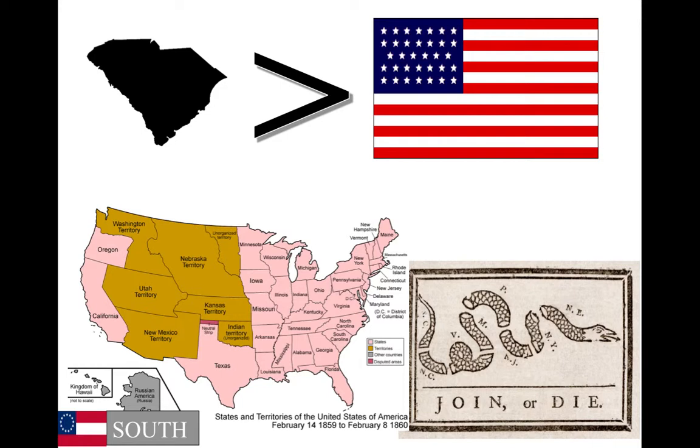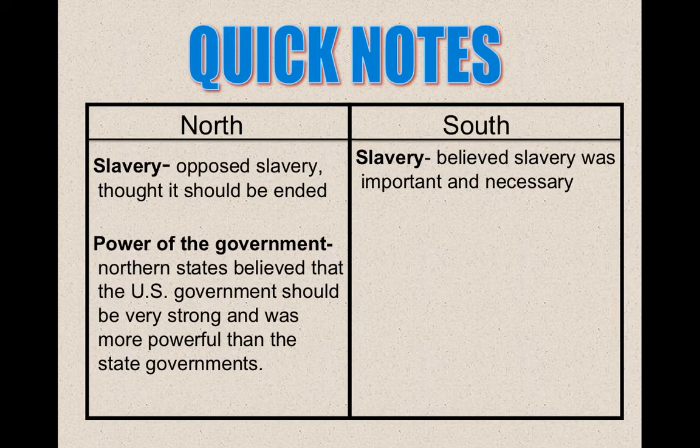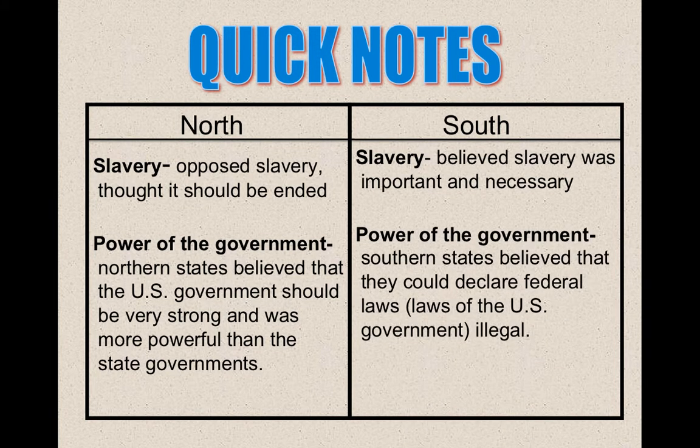And the question becomes, is that allowed? Is that constitutional? Is it okay for a state to ignore a law that is passed by the United States? And so the North believes that the U.S. government should be very strong and is more powerful than the state governments. The South believes that they can declare U.S. laws, federal laws, illegal.